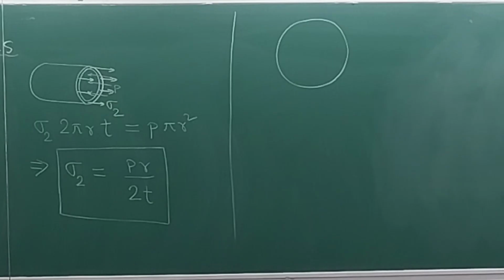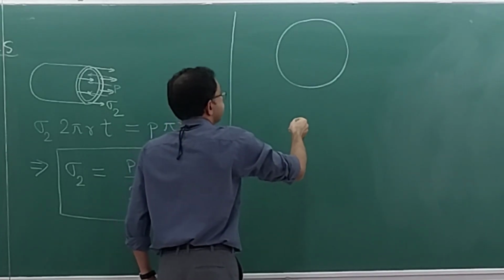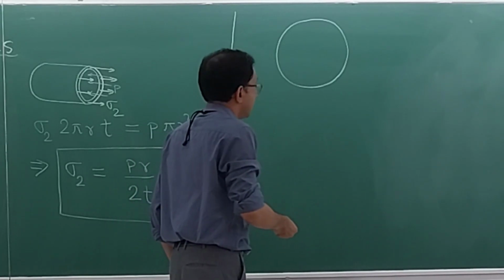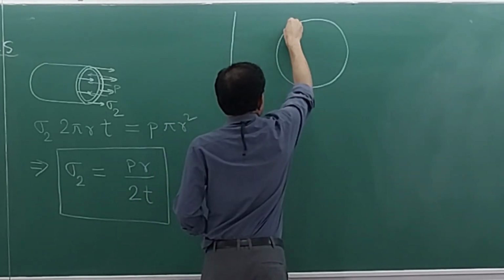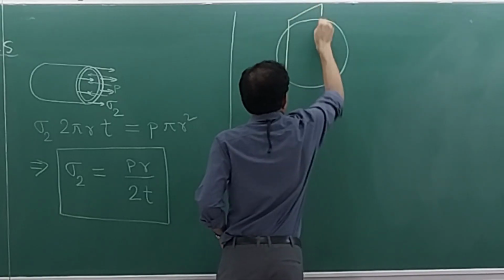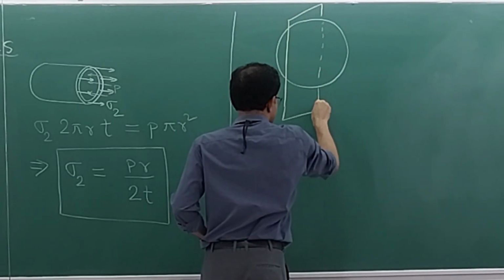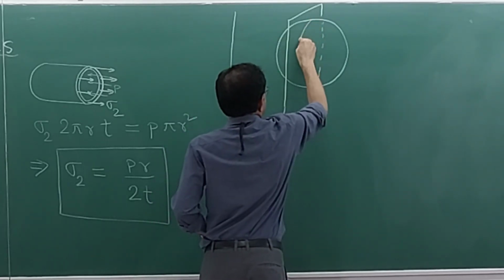You guys tell me. You have done this, no? Leave it, I'll do it myself. So suppose we just take a cut like this. I'm going to ask you a challenging question in a minute. So we get this thing.